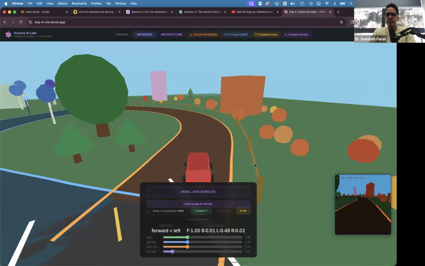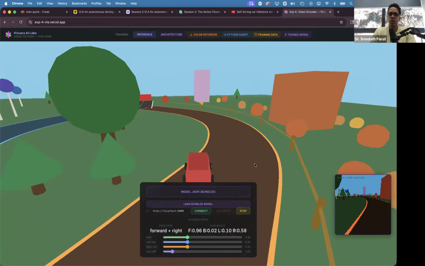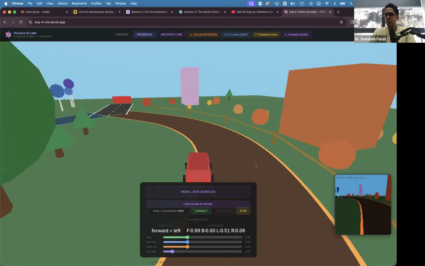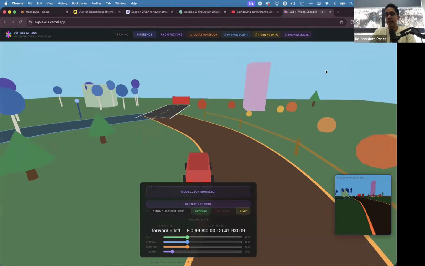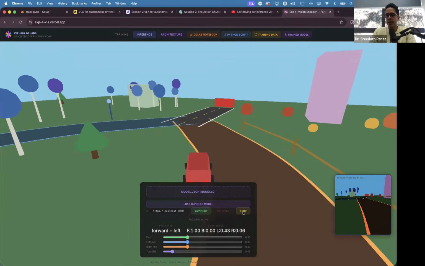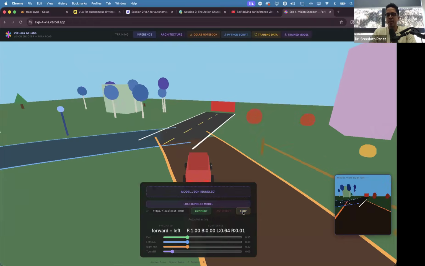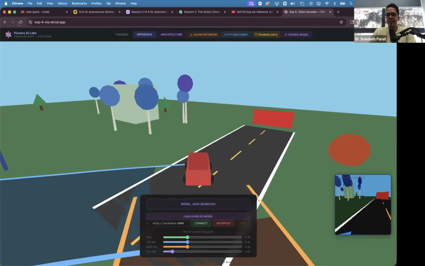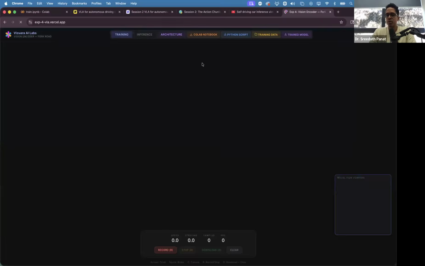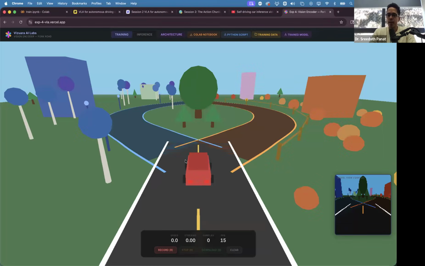I think in my experiments, it always takes right, and then sometimes it goes off road. But there is one confusion for me here. This is not the behavior that I was expecting. I was hoping that when training data was collected, the number of training data where the model goes into the left and the number of training data where the model goes into the right would be equal, right? And because of which, the car would just go and hit the tree in the middle. So I'll tell you why.